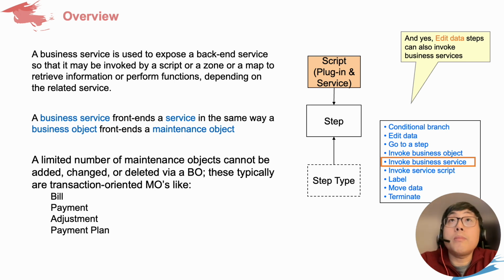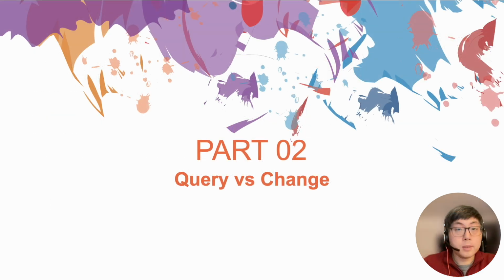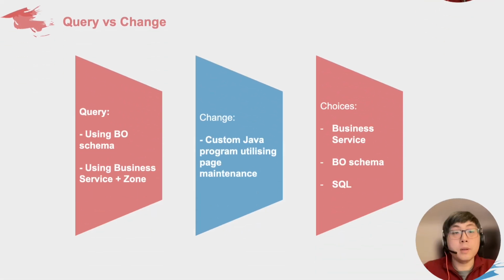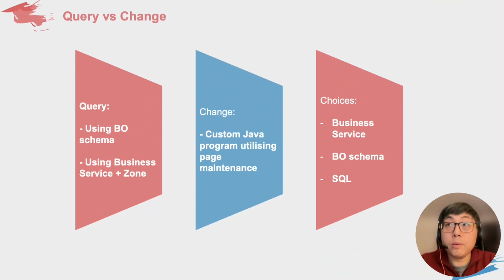Besides that, we mentioned the zone and the map. They can also call in a business service at runtime. Okay, so let's have a look at what the business service can do. I would like to break the business service into two categories.